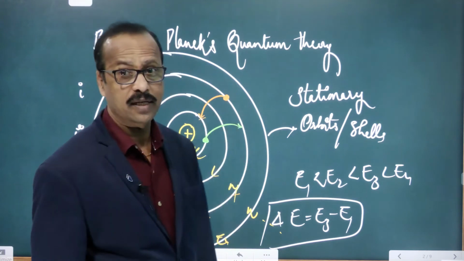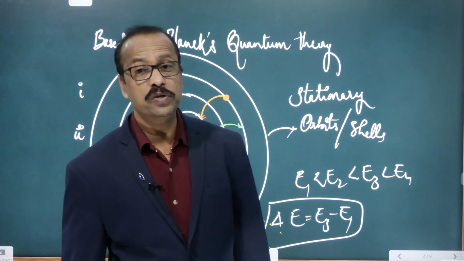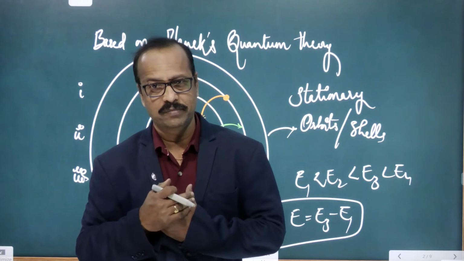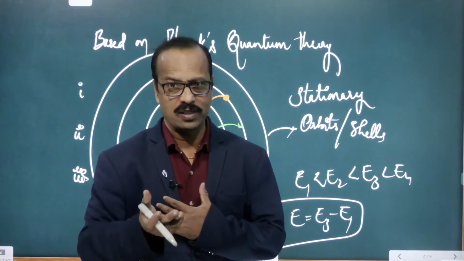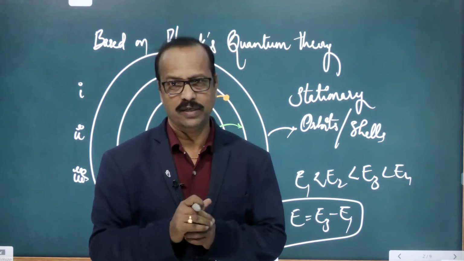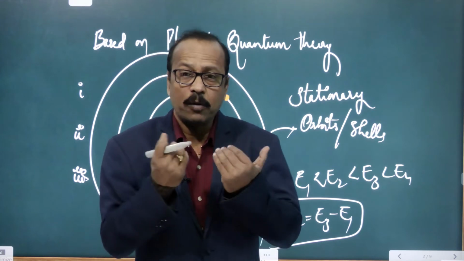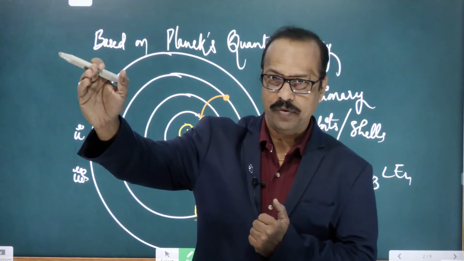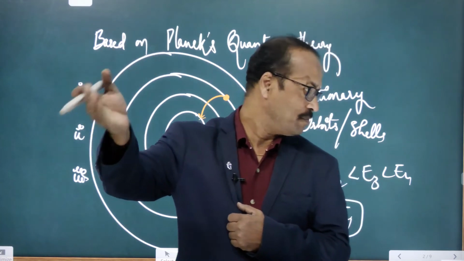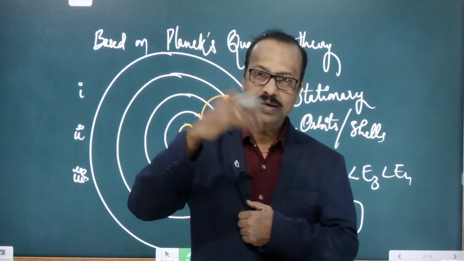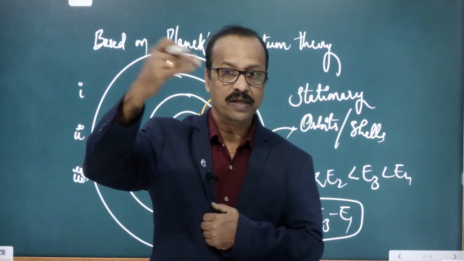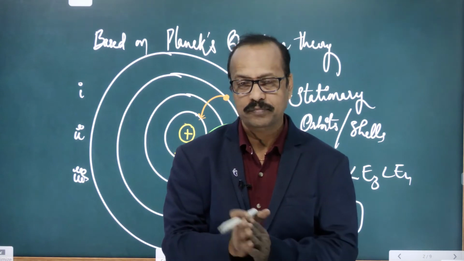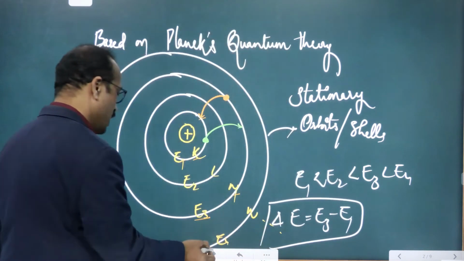Into which orbit it jumps depends on how much energy it gains. Clear to you? So, when the electron absorbs energy, it jumps into a higher energy orbit. And after that, again it comes back to its original state. While coming back, jumping from a higher energy orbit to a lower energy orbit, it emits the energy. Clear? Right.